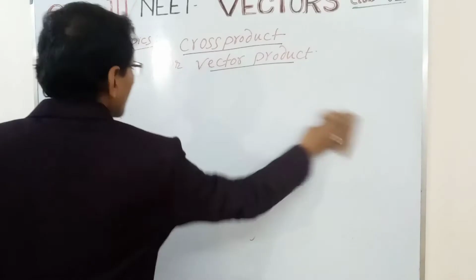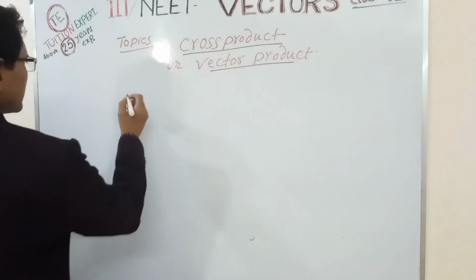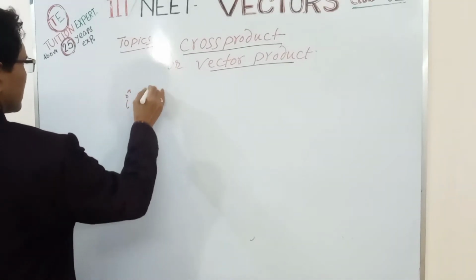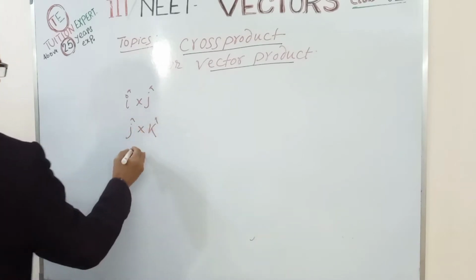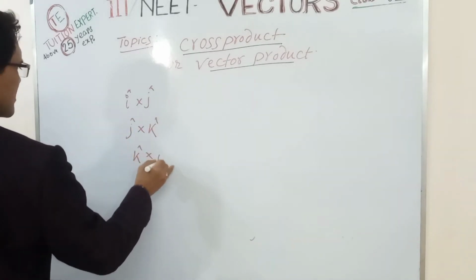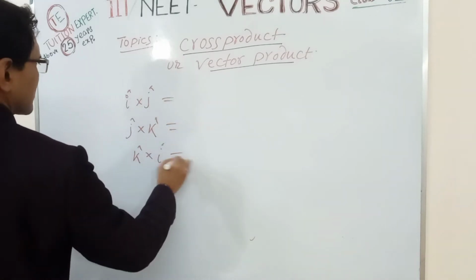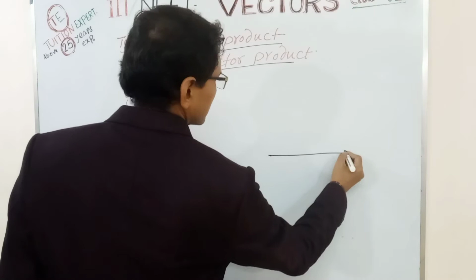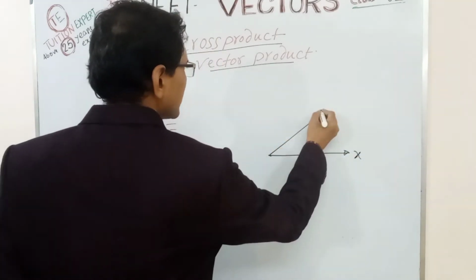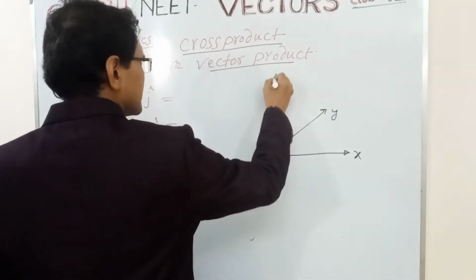Now what is the result of I cross J? This is the x axis, y, and this is z.